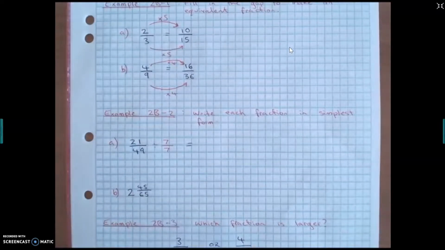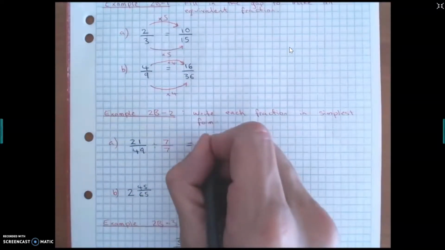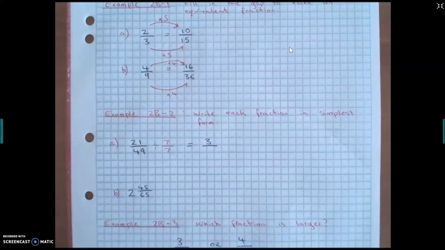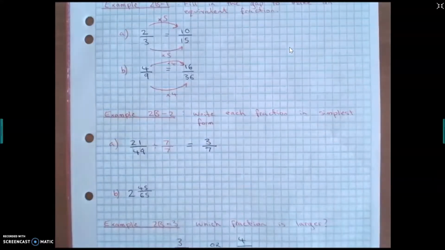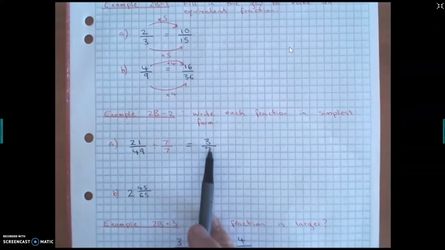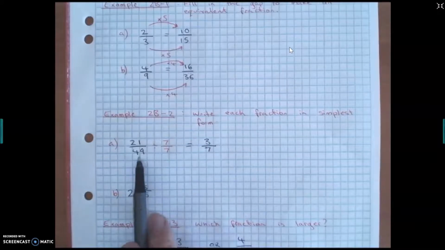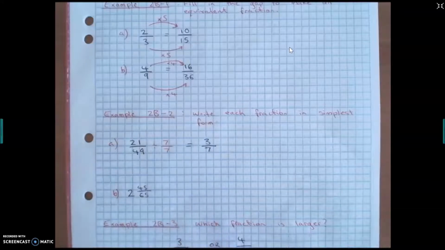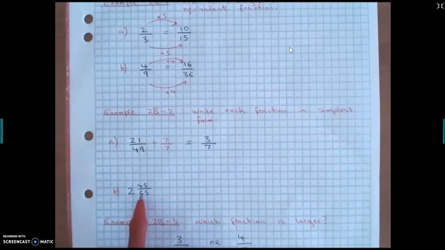So 21 divided by 7 gives me 3 over, and 49 divided by 7 gives me 7. So 3 over 7 is an equivalent fraction to 21 over 49, and you can always check if you've done it correctly, because if I multiply the numerator and denominator by 7, I should go back to my original fraction.